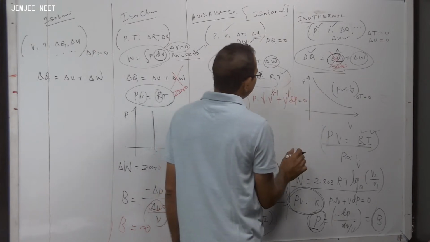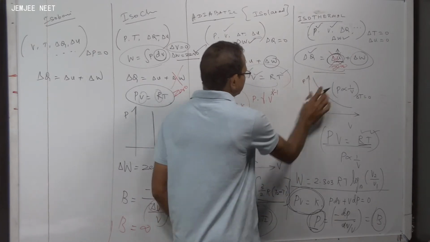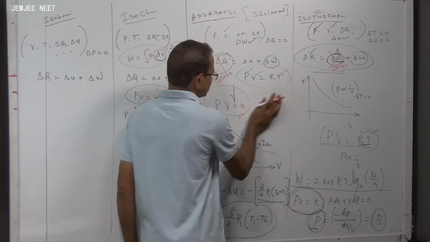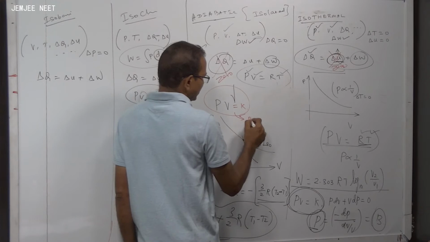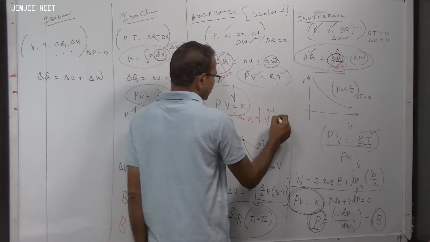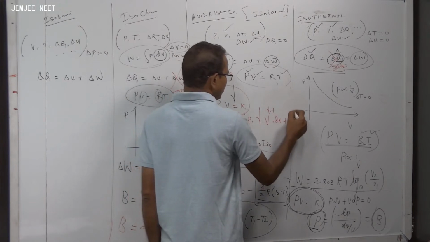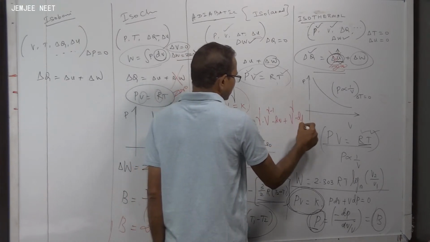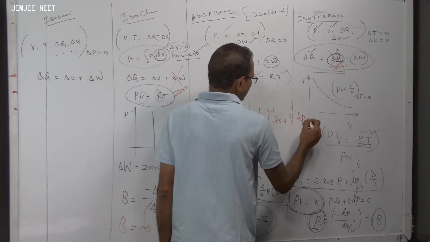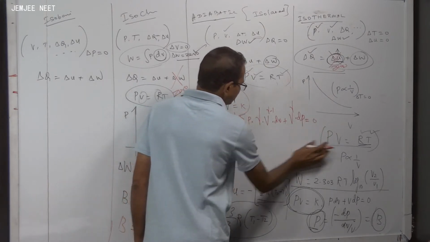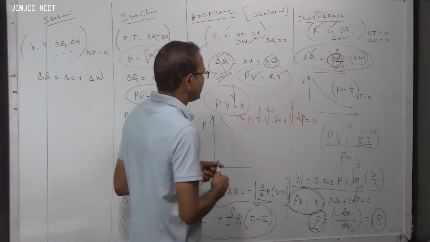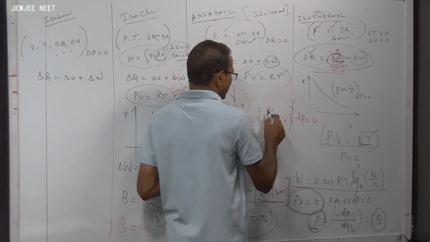Let me once again differentiate this. P gamma times V power gamma minus 1 into dV plus V power gamma into dP equal to 0. Now which is common here? V power gamma.